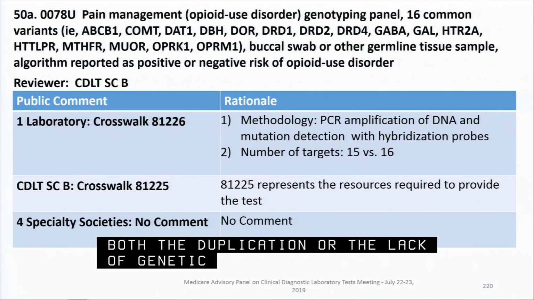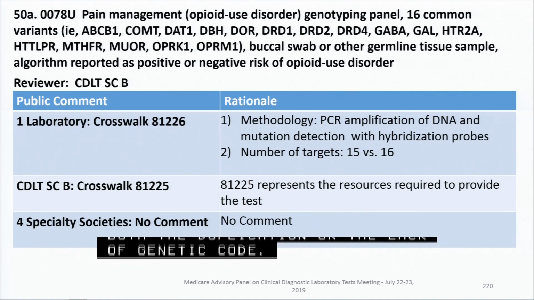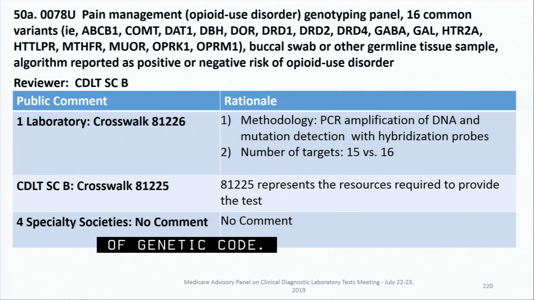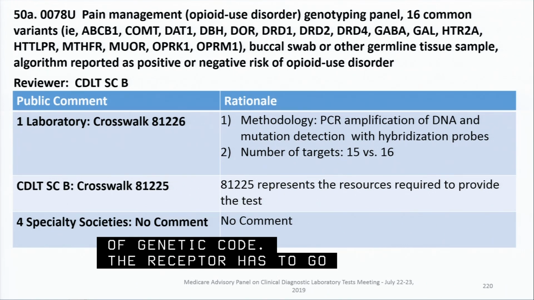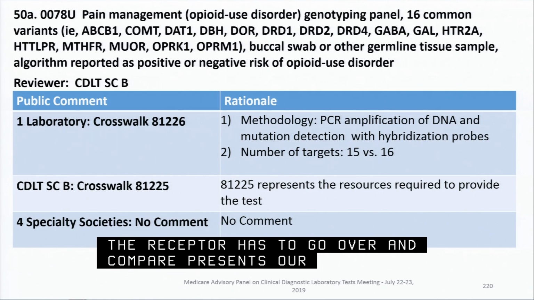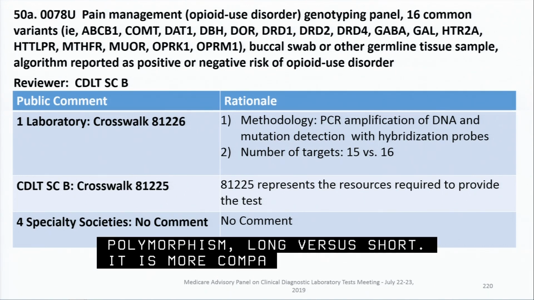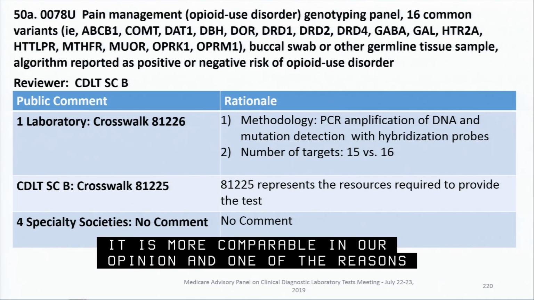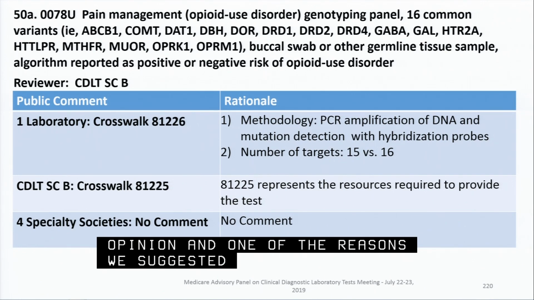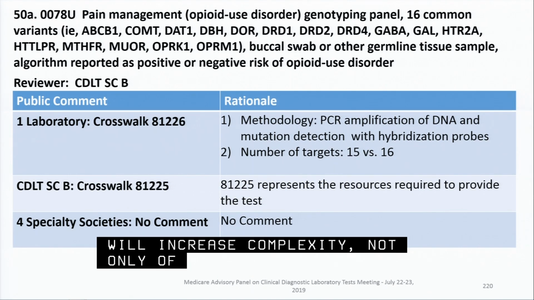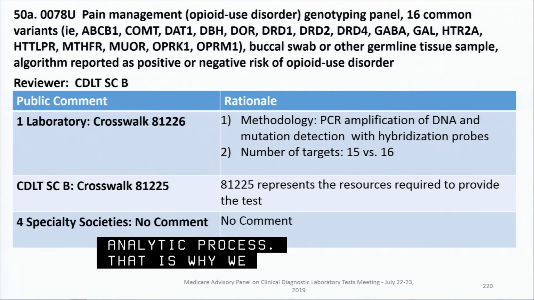In particular, 5-HT3 receptor, it's a triallelic gene. So you have to be able to compare not only presence or absence of single SNPs, but the length of the polymorphism that we're looking for, so long versus short. So it's more comparable in our opinion. One of the reasons we suggested 226 is because of that increased complexity, not only of the design, but in the analytic process. And that's why we suggested 226 versus 225. I'm happy to answer any other questions.